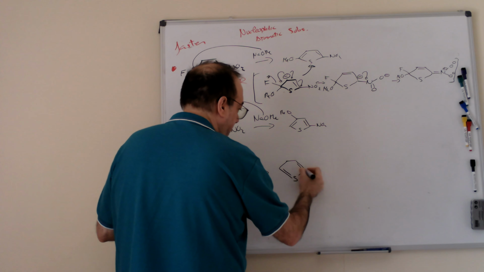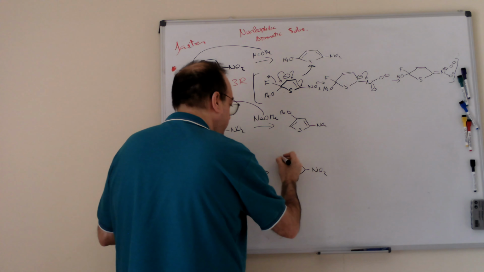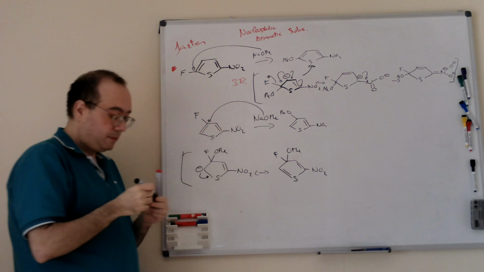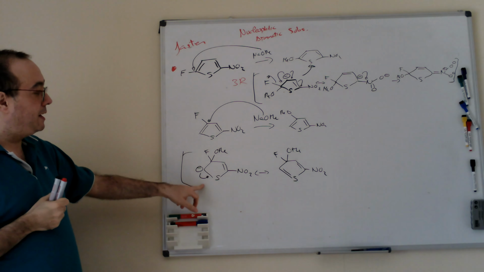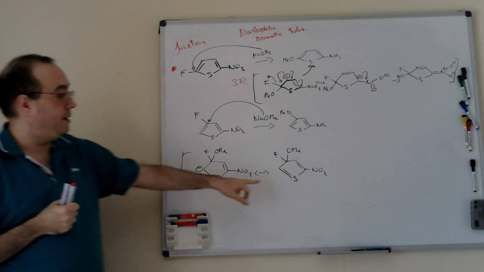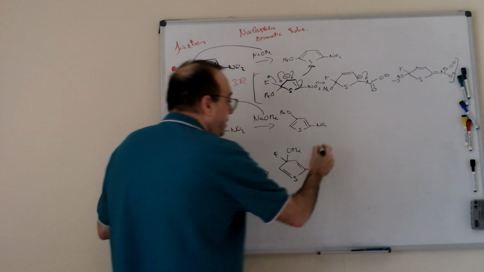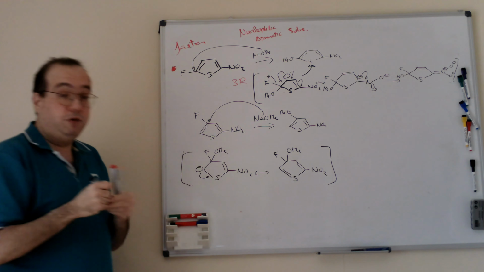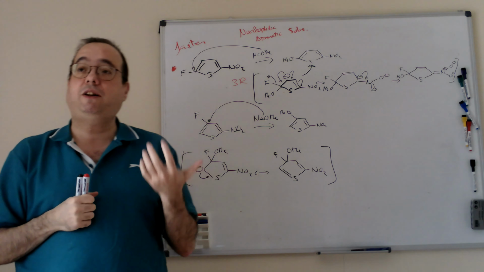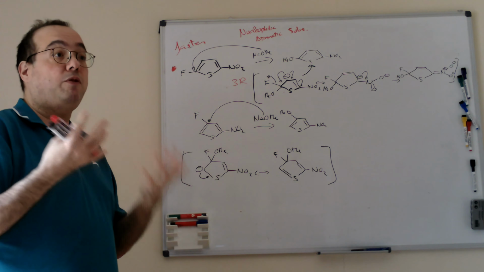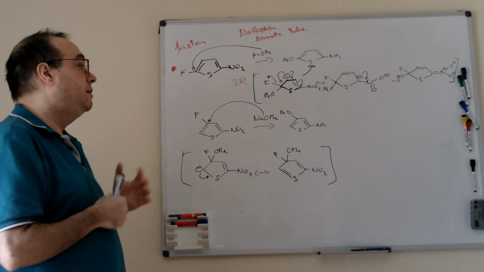As I explained many times, even if we can expand the octet, this resonant form is not very good, because remember the overlapping, especially in p orbitals, between a sulfur and a carbon that are from different periods, is very bad.